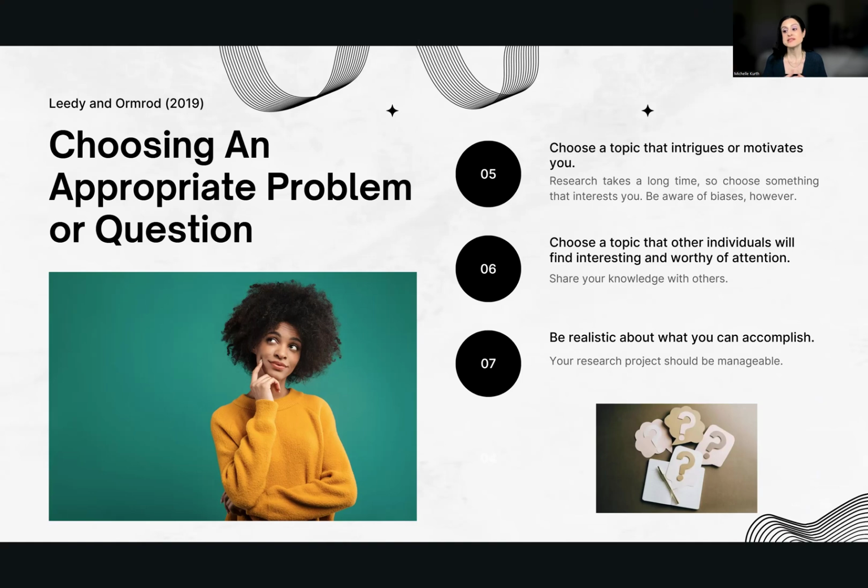It should be unbiased. It should be impartial. Choose a topic that other individuals find interesting and worthy of attention. So if you are going to be wanting to teach at a university after you graduate, maybe your research study is in the field of higher education or in elementary education.